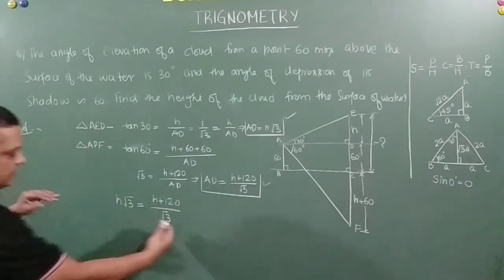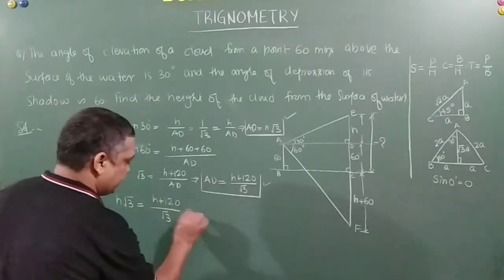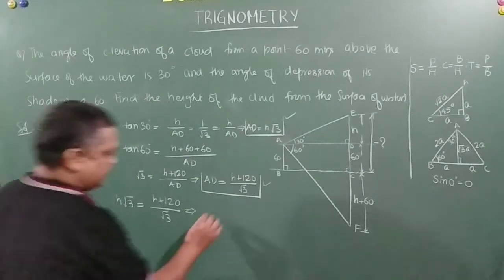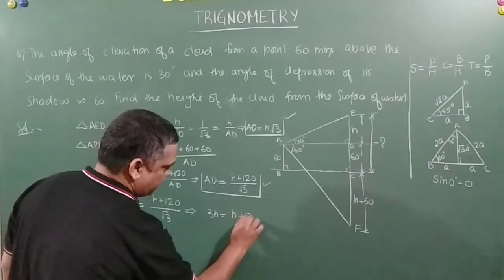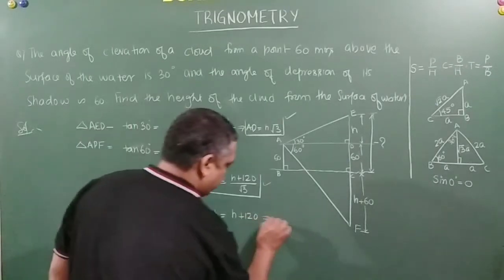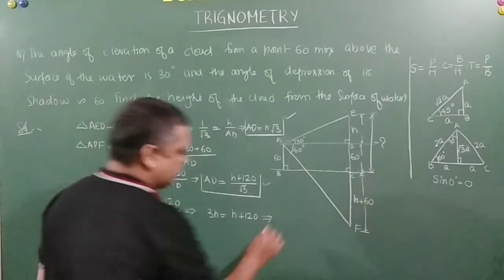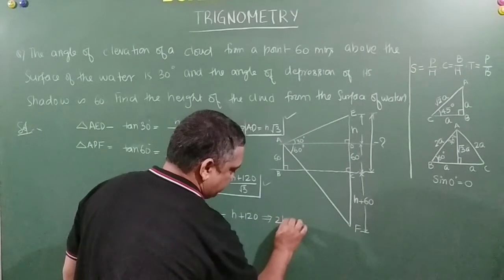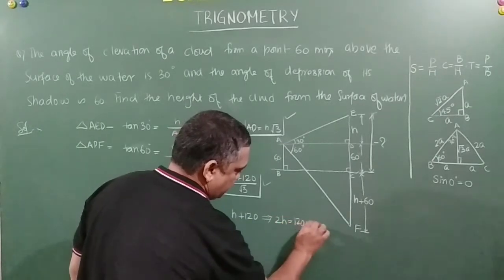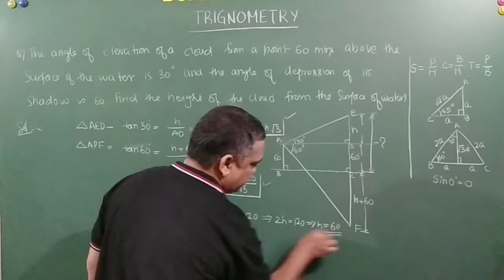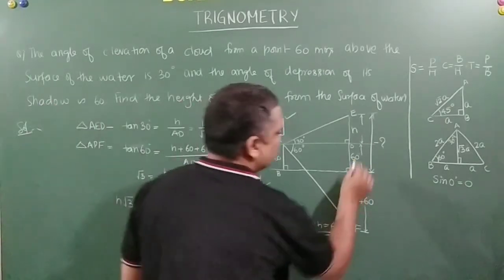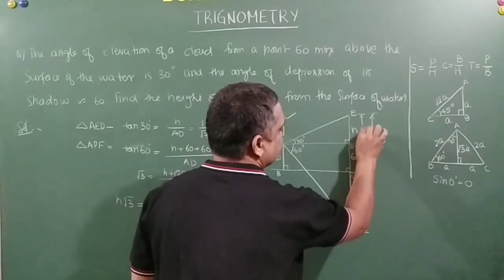Let's cross multiply, friends. Root 3 into root 3 is 3h, is equal to h plus 120, which is also 2h is equal to 120, which is also h is equal to 60. You are getting it? So this height is 60.